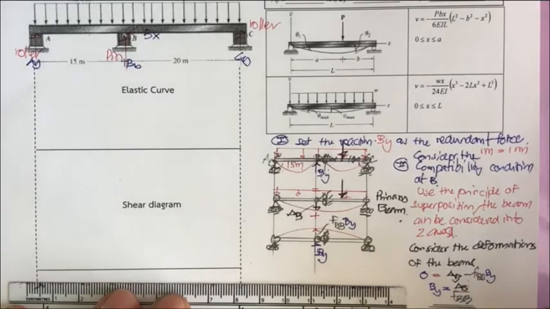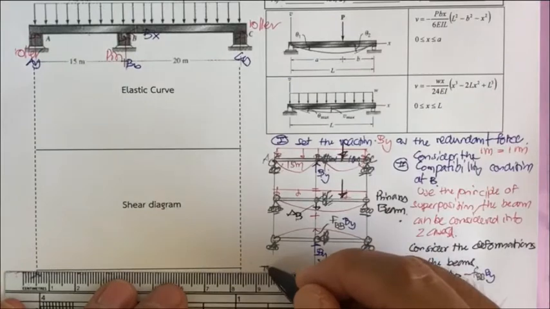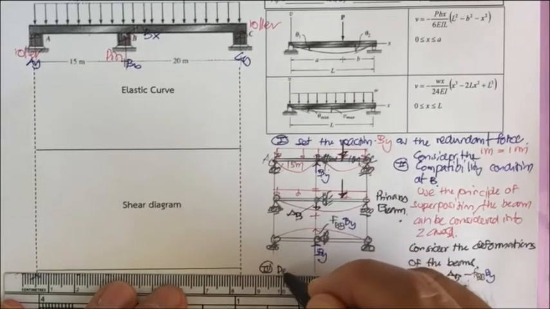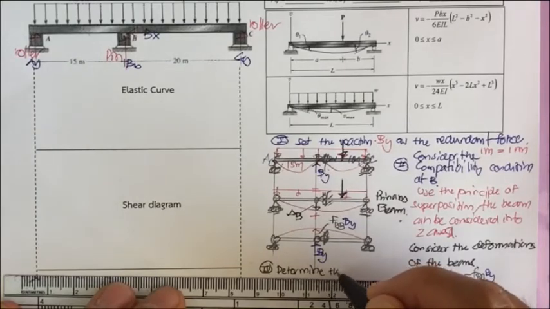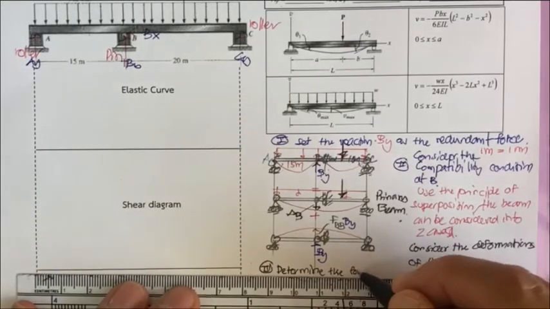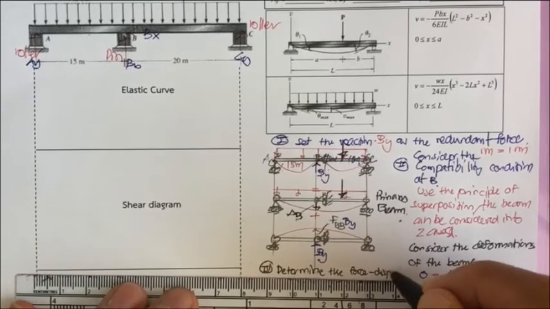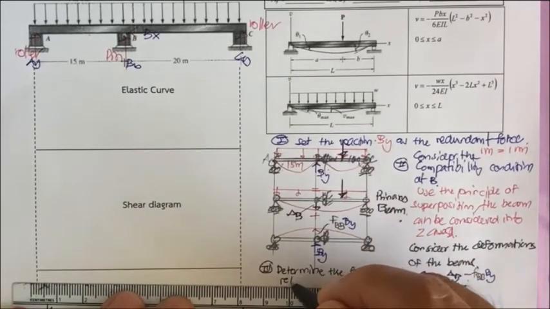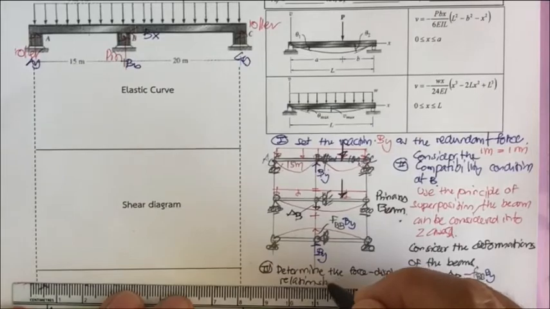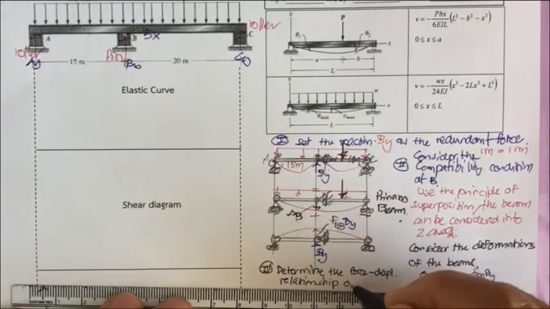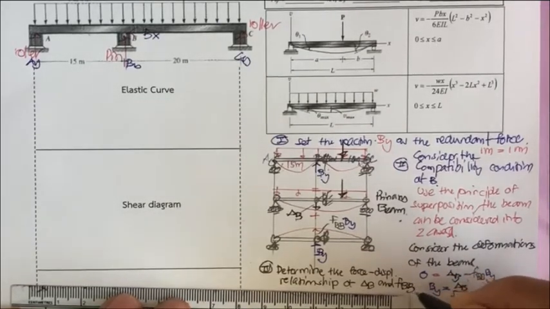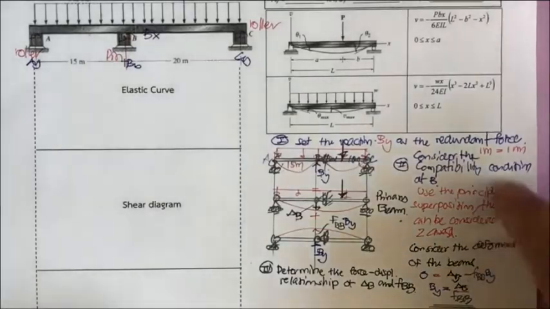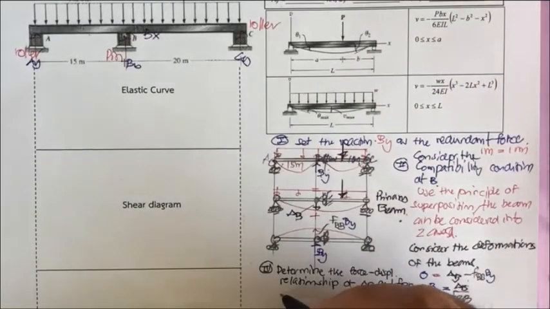Now, what next is we are going to determine the relationship of delta sub B. This is going to be the third step. We determine the force displacement relationship of delta sub B and f sub BB.